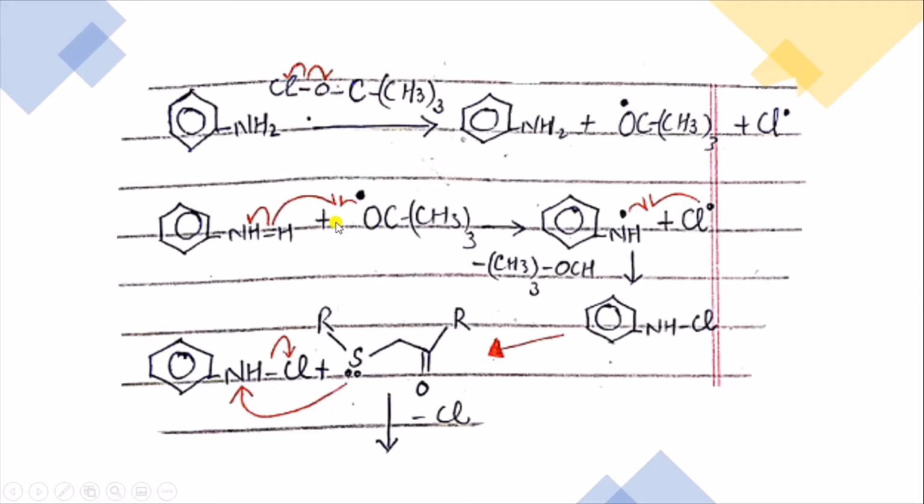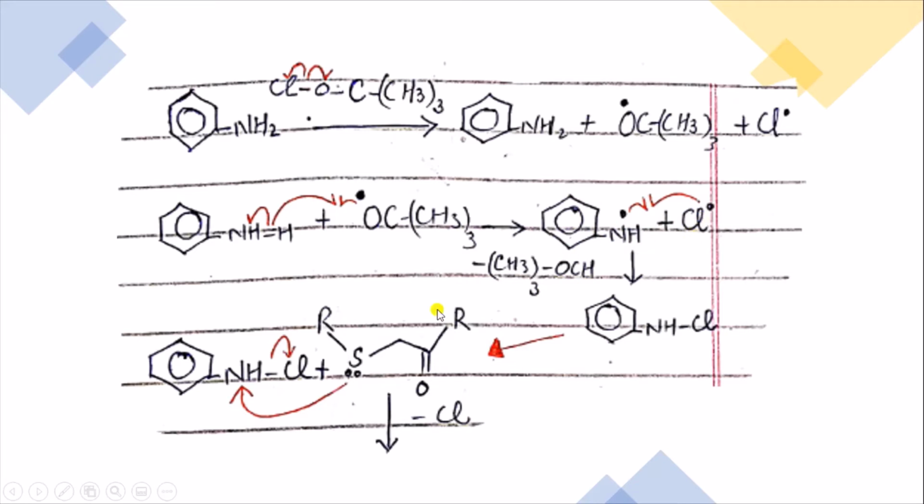In the next step, there is another free radical: the NH2 group, with a single bond between N and H. One electron is transferred again, and one electron joins this hydrogen. This molecule is already separately present here, and we have an NH free radical attached to benzene and a Cl radical.